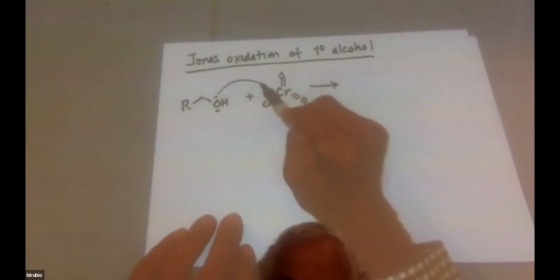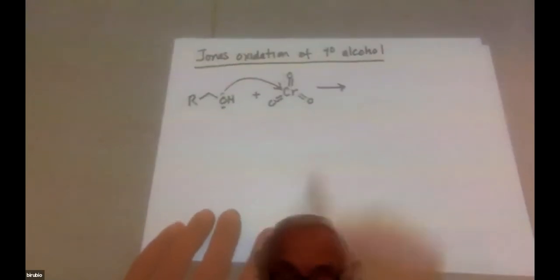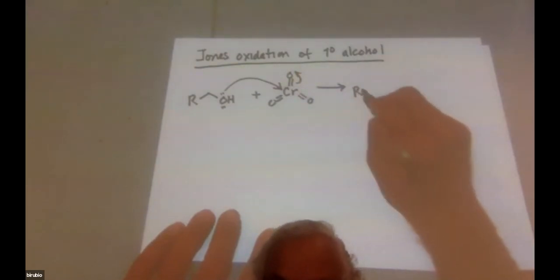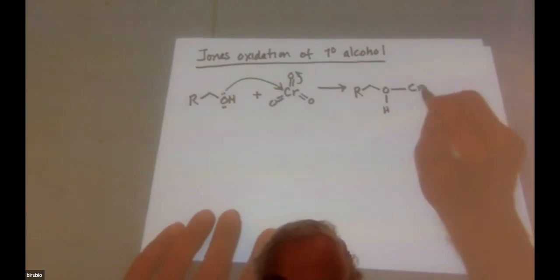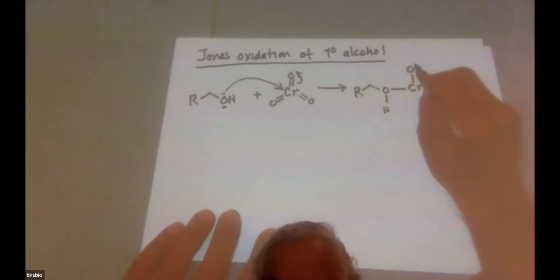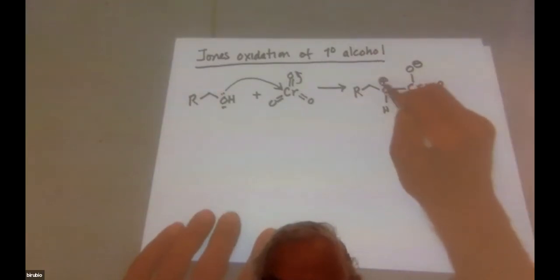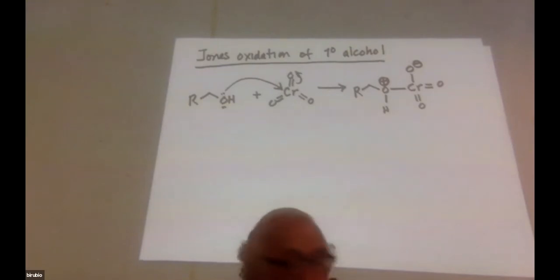So the first step in this mechanism here is the attack of the nucleophilic oxygen on the chromium. This is nucleophile attacking electrophile. So we have a species that looks like this, with a positive charge there. And now what we get is a lot of fiddling and diddling with protons.